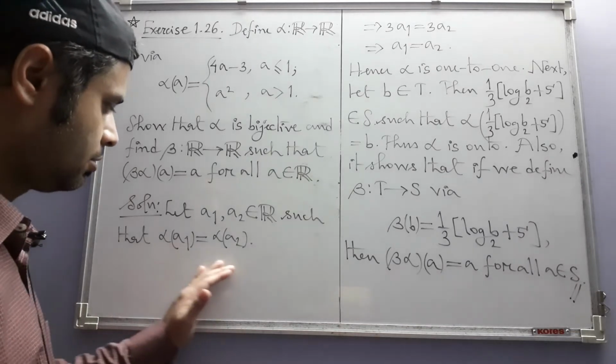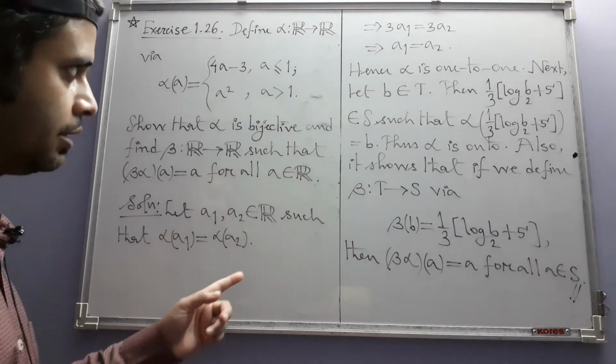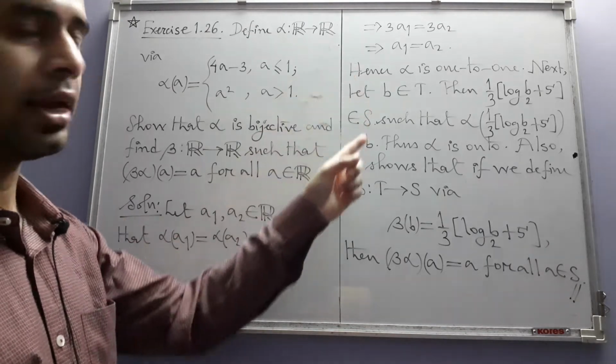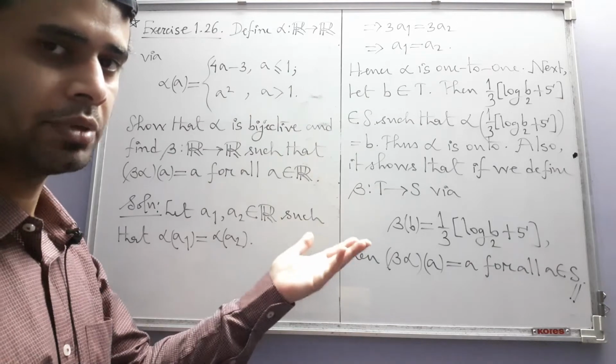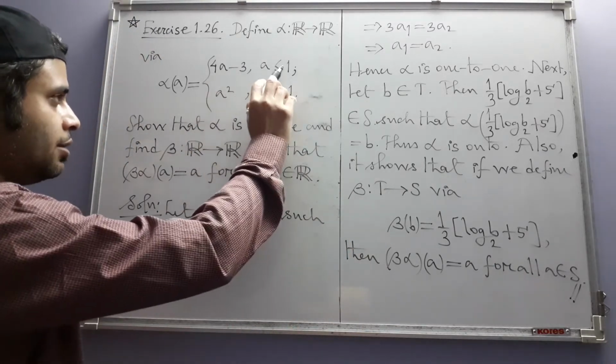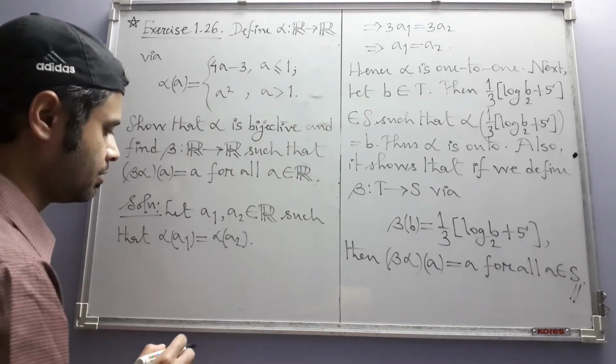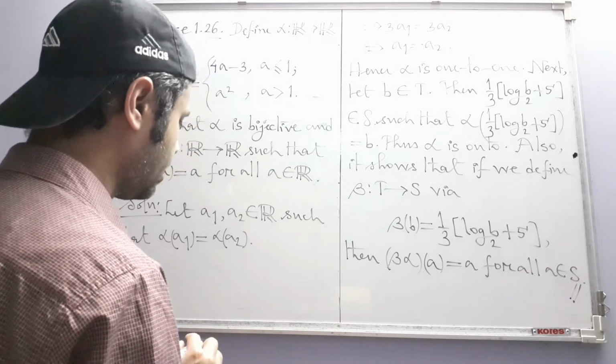Okay, now in this solution, after this stage, we don't have a single calculation like what we have been getting so far. It's because in different parts of the domain of alpha the formulas are different, so some cases will arise.